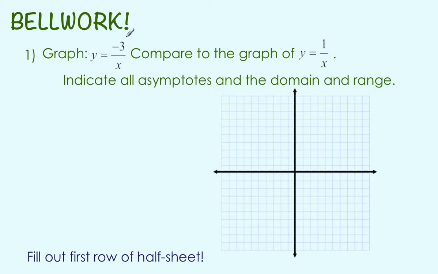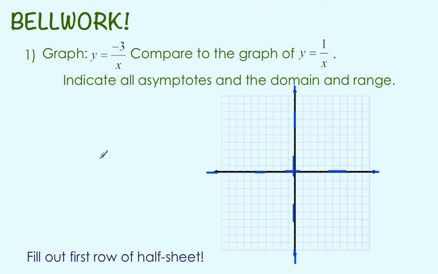And when we have a function that looks like this, a over x, our horizontal asymptote is at y equals 0, and our vertical is at x equals 0, right here. So along our axes.